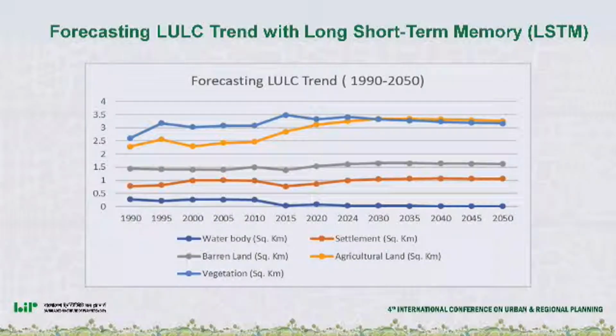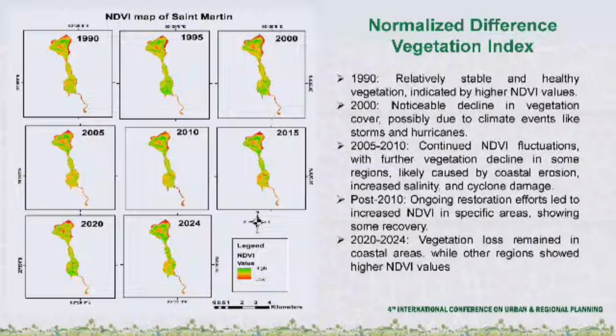We find the water bodies are almost negligible, and they are declining in 2050, and barren land is almost the same. Vegetation shows the same profile. And this is the NDVI, the normalized difference vegetation index, for 1990.